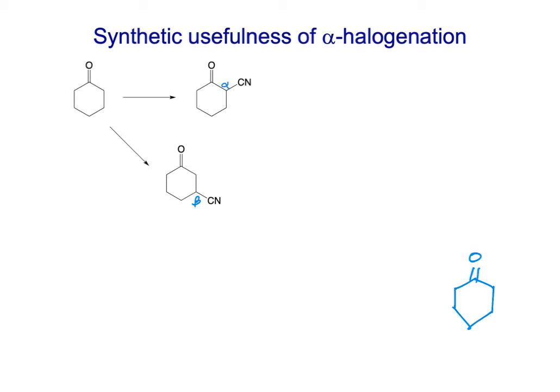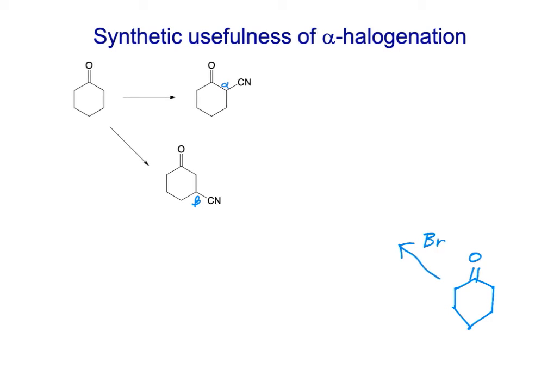So how can we make those two products? Well, the one reaction that we really have right now is the halogenation reaction. Now, to be synthetically useful, what we really want to do is just add one halogen and not halogenate all of the alpha position. So what do we use, acidic or basic conditions?